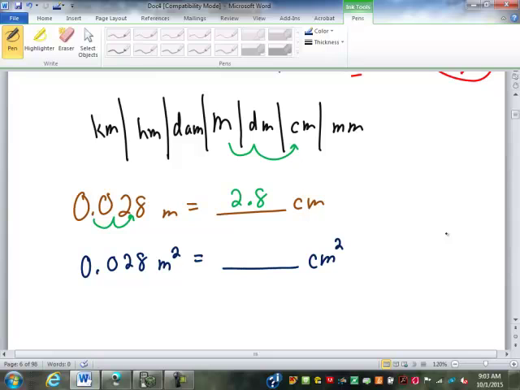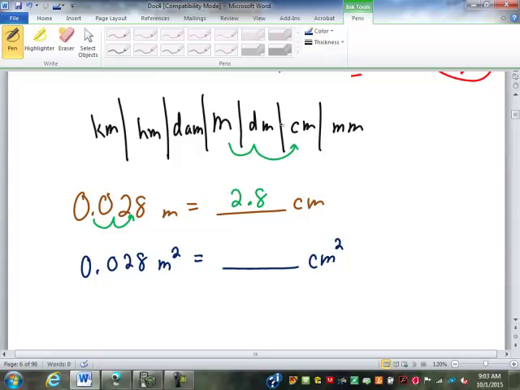Here, each position on the chart was 10, but now that it's square units, it's 10 by 10, or what's 10 times 10? 100, right? So now that square units, each position on the chart is multiplying or dividing by 100. So it's not one decimal place, it's 2.